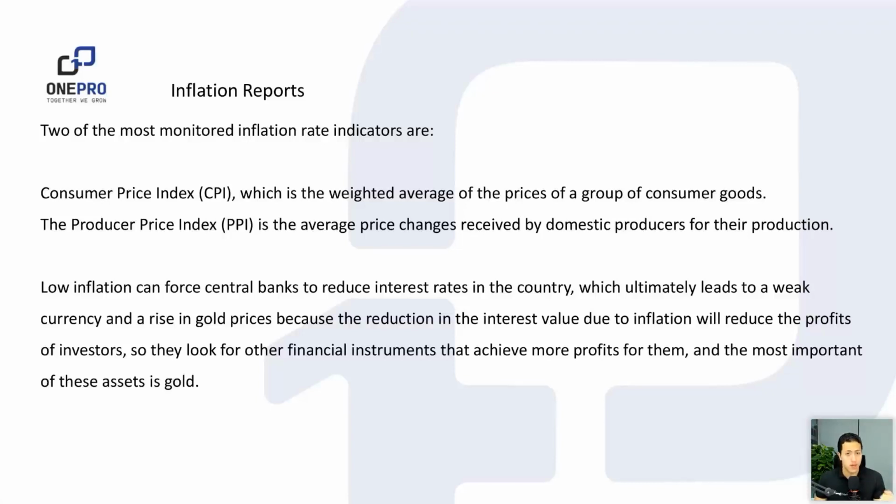There are many. However, the most popular one is the CPI, or the Consumer Price Index, which is the weighted average of the prices of a group of consumer goods. Think of it as your basket of monthly goods and services that you buy for your household. You usually pay $1,000, let's say, for 1 month.